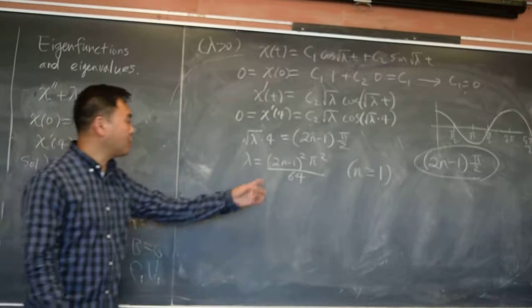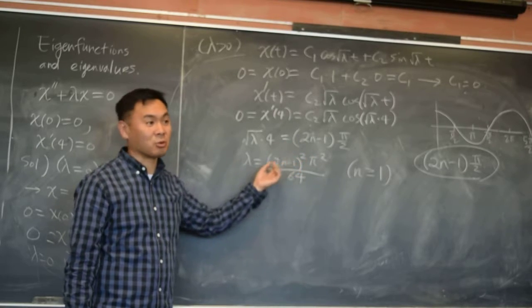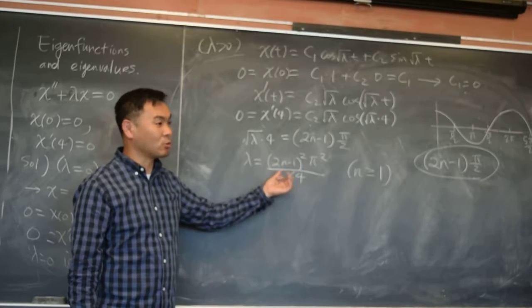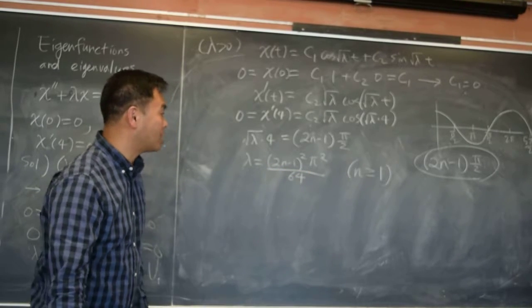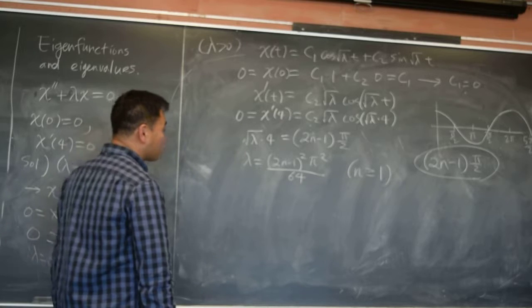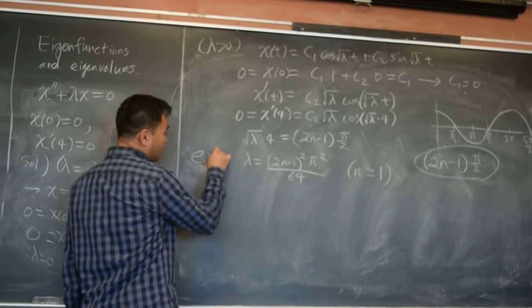This is an eigenvalue for n 1 or greater. If n is negative, you get a negative number here, but if you square it, you get the same positive number. So you don't want to list the same thing over and over again. So you should only have n 1 or greater. And that's your eigenvalue.